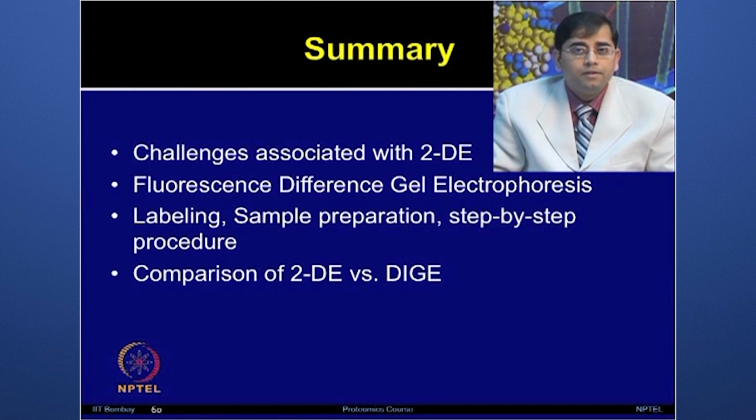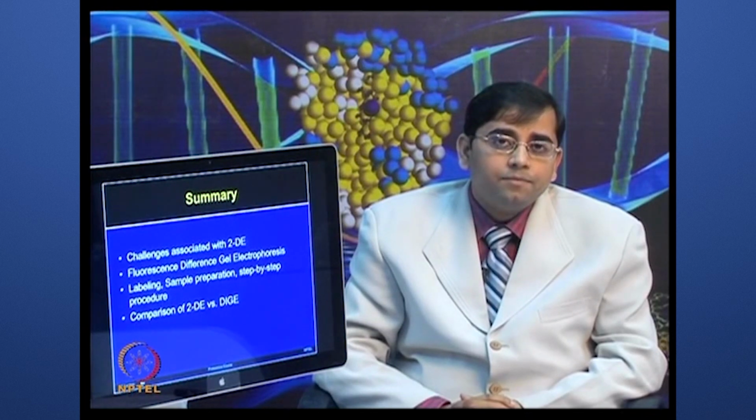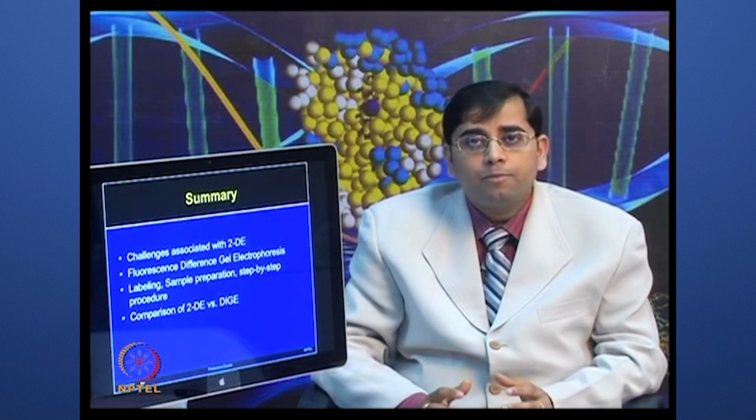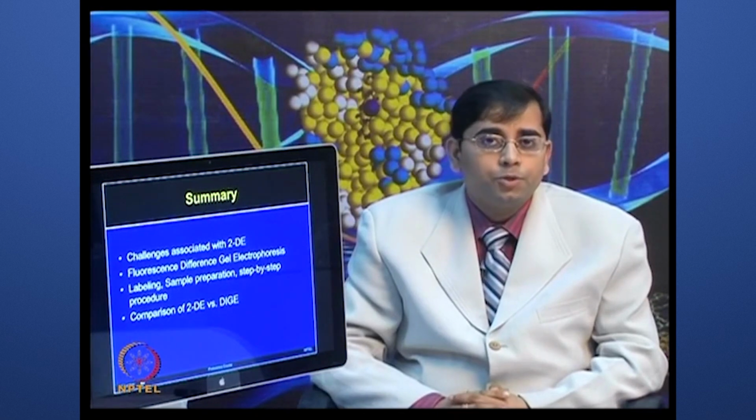We finally compared the 2D method and the DIGE method, and I gave you an interactivity option to perform an experiment by using 2DE or DIGE, and you gave the right answer of doing the experiment with the DIGE method. So, overall you should be able to conclude that DIGE is a better way of separating proteins, and it can still provide very useful quantitative information in gel based proteomics.